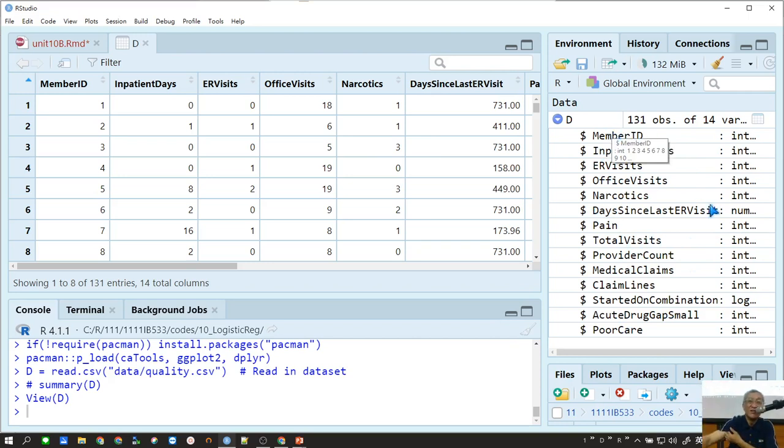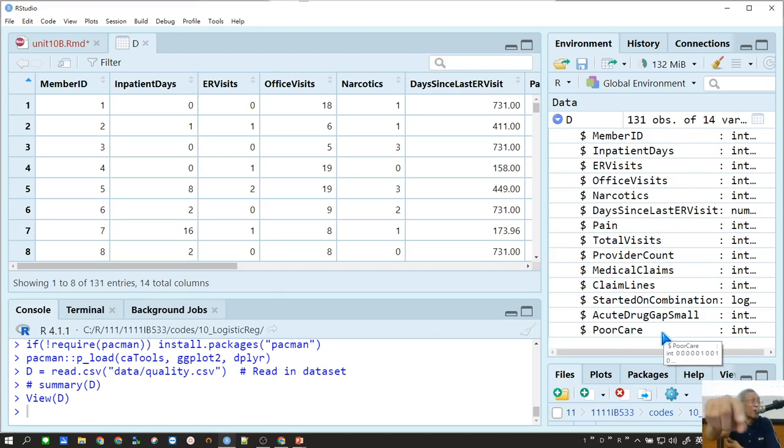And there are inpatient days, ER visits, how many times, office visits, how many times, so they are different measurements according to their medical records. I want to use these records to estimate the probability of poor care.